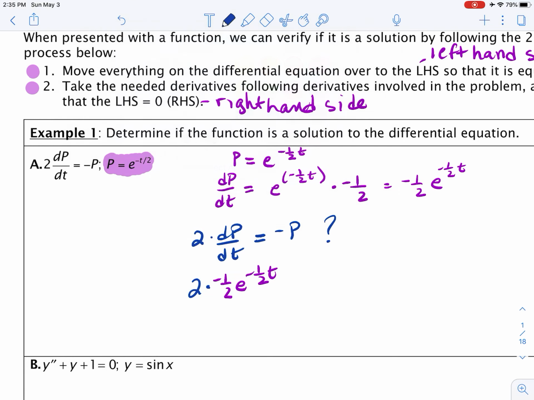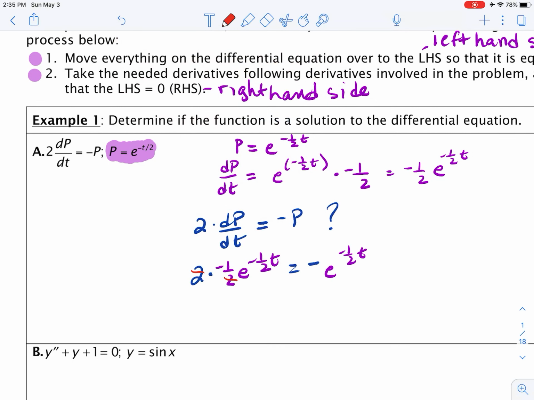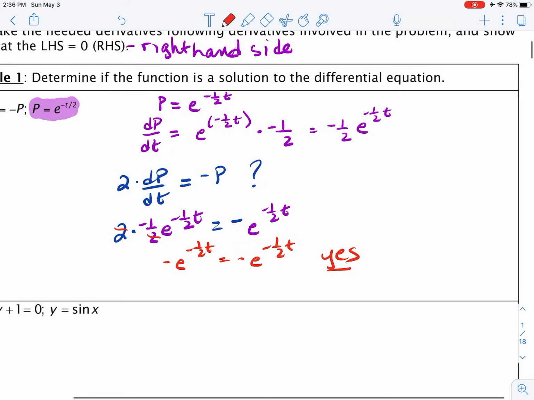Does that equal minus, and I'm going to substitute my function value in here, e to the minus 1/2 t. I simplify, and I can see that 2 cancels with the 2, and I am left with minus e to the minus 1/2 t equal to minus e to the minus 1/2 t, and I say yes, so it is a solution.